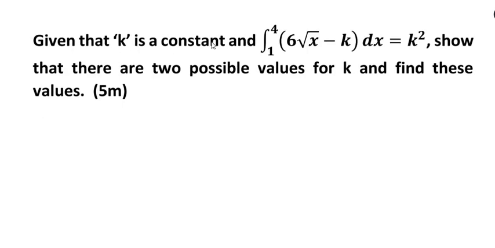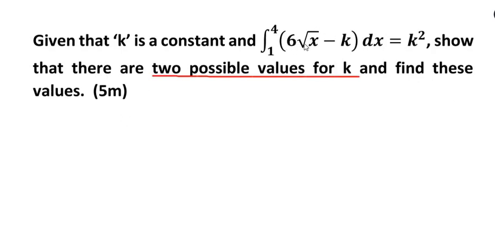Given that k is a constant and the definite integration of 1 till 4, 6 root x minus k dx is equal to k square, show that there are two possible values for k and find these values. So this is for 5 marks. So let us see how to solve.